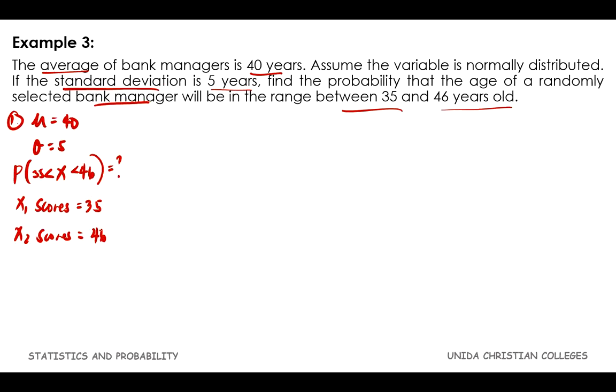Kasi pag i-add naman natin sila, hindi naman yun makaka-apekto. Kasi ang kinukuha natin is between the two of the x-scores. Okay? Next. Step 2. Let's draw the normal distribution.